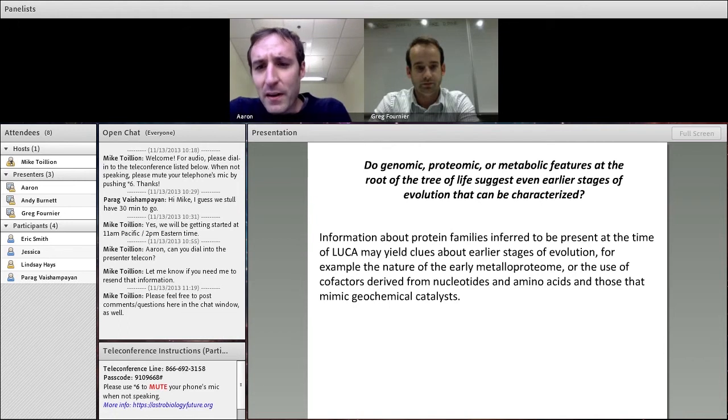Okay, and then also, if we're able to characterize the proteome and the genome of the last universal common ancestor, does that tell us anything about earlier states? One of the main vehicles for looking from the top down at the likelihood of certain prebiotic chemistry models is whether or not they reflect the cofactors that we see in ancient proteins.